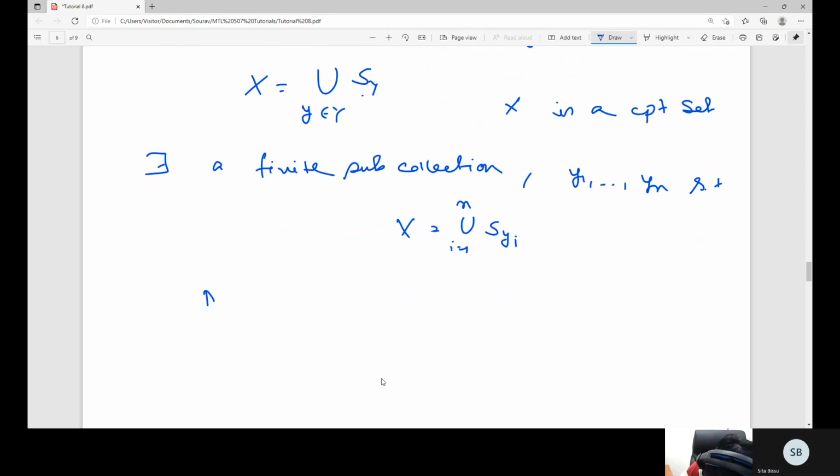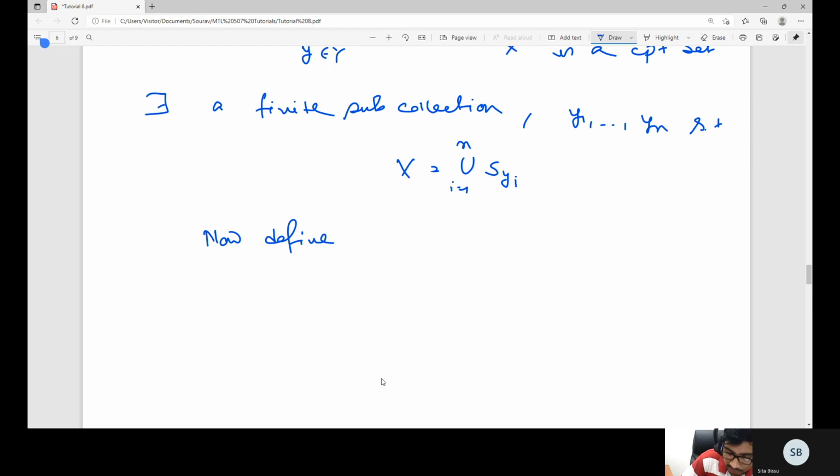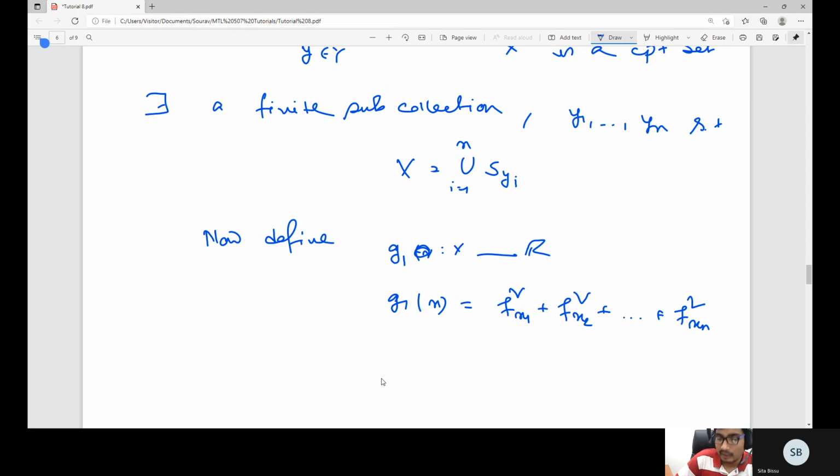Now you define another function, say g1 from X to R, by g1(x) equal to f_y1(x) squared plus f_y2(x) squared plus up to f_yn(x) squared. Fine.